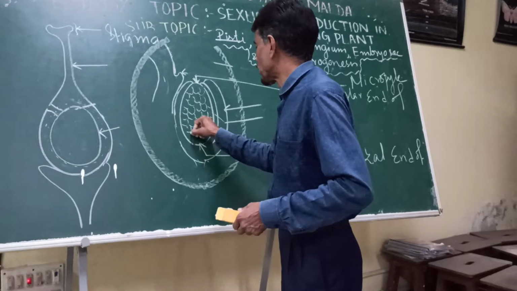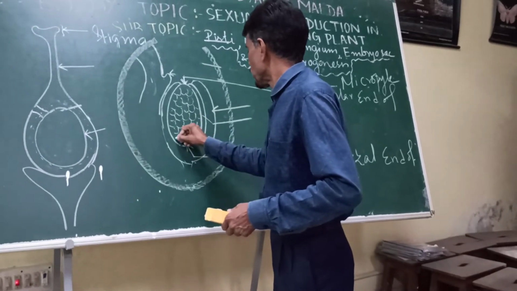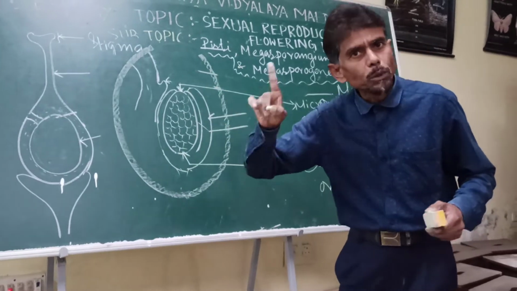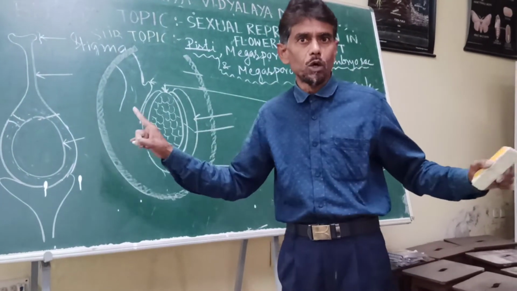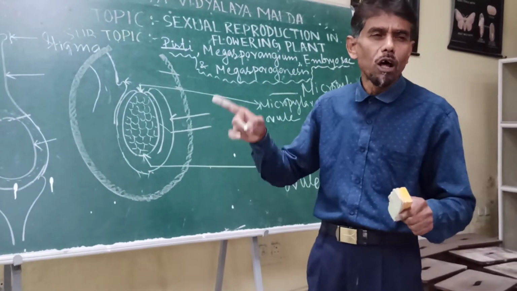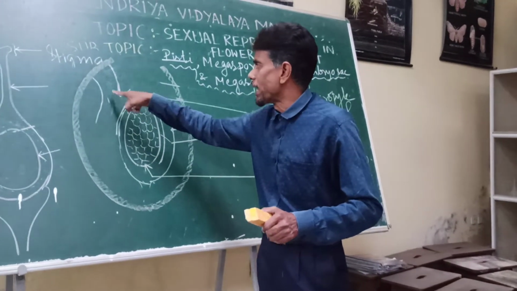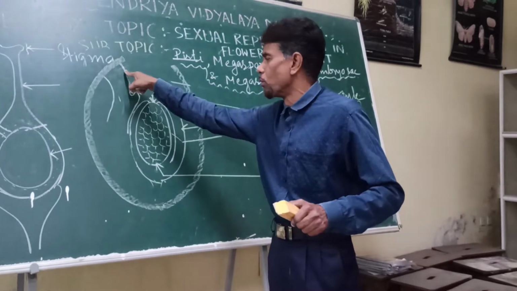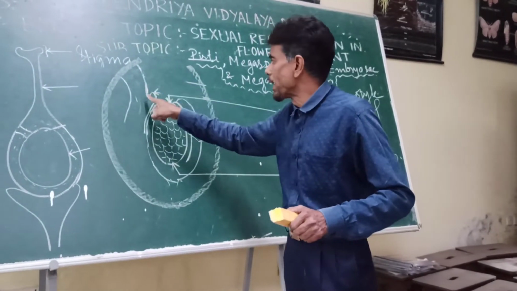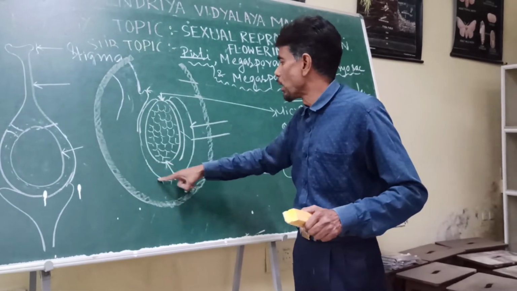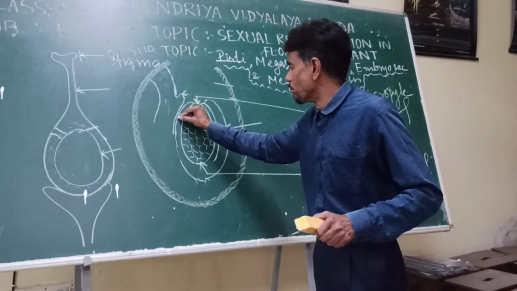So the ovule is otherwise called the megasporangium. Be very specific, don't confuse. Same thing, ovule or megasporangium, covered by integument, having a connection with the placenta by means of the funicle, with a notch-like structure which connects the funicle to the integument of the ovule, that is the hilum.